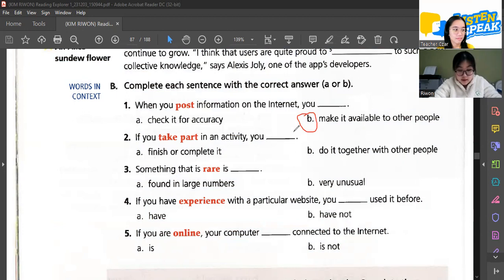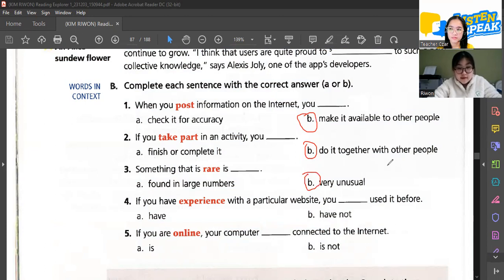If you take part in an activity, you do it together with other people. Yes, okay. Something that is rare is very unusual.